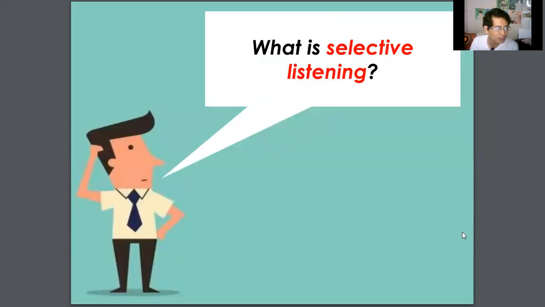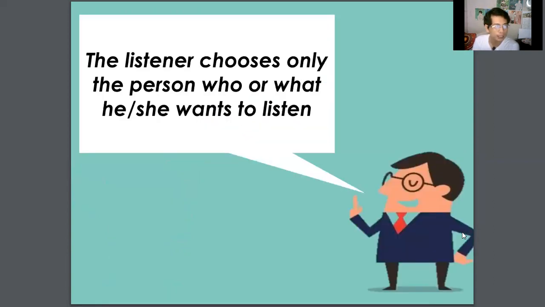So the next level is what we call selective listening. So what is selective listening? The listener chooses only the person or what he or she wants to listen to. You're picky about who you would like to listen to or what kind of things you would like to listen to. Let's say when you're choosing music, you are selective about what kind of music you would like to listen to.